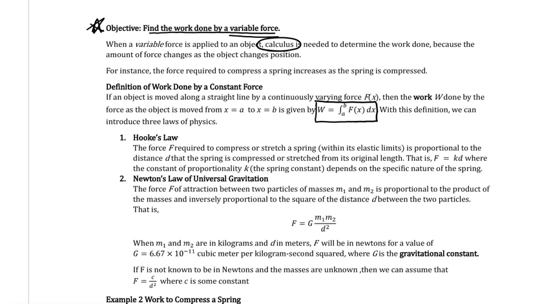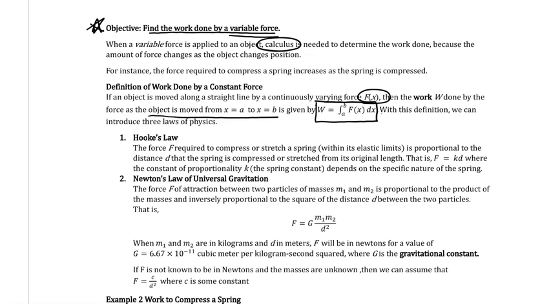I'm going to jump into our first example where we're going to see how this formula is going to be illustrated. This formula tells us that work is equal to the integral from a to b, that's how far the object is moving, of f of x dx, where f of x is the force function. It's a variable function. It's changing. It's no longer just a plain number.